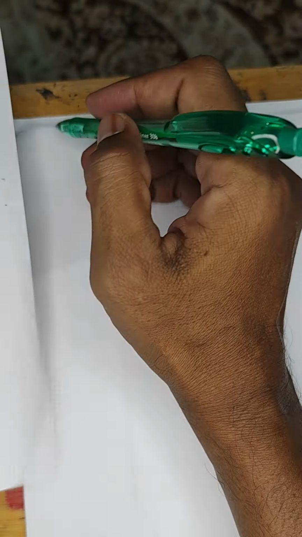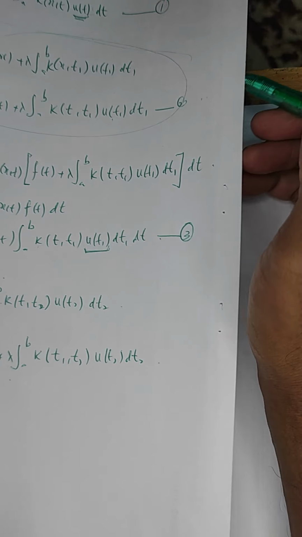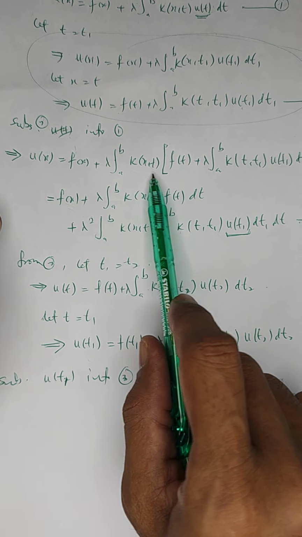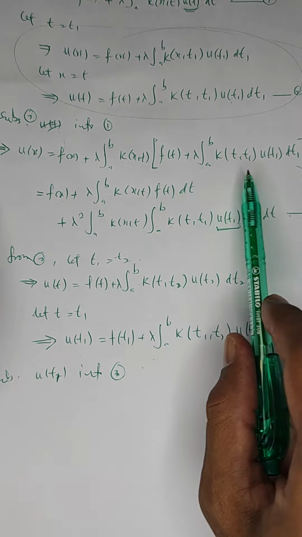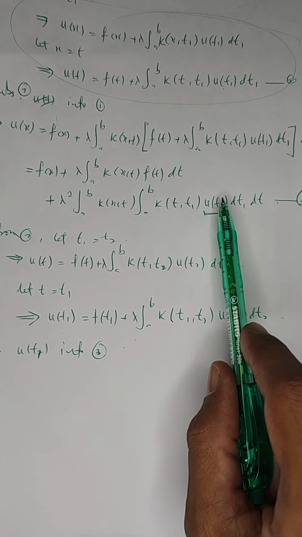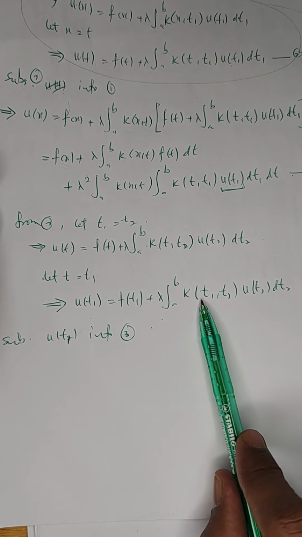we have u(x) given as f(x) plus lambda. We just copy from equation 3 here. So you have u(x) equal to lambda and everything, and then we substitute u(t1), which is given here.